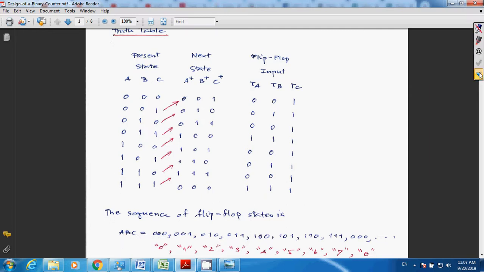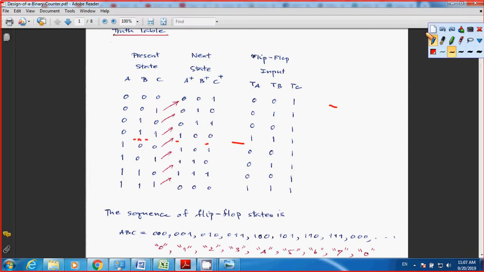And for B is going to be what? 0, 0, 1, 1, 0, 0, 1, 1, and C is 0, 1, 0, 1. So the next state, when you start counting from 000, is going to be 001. After this one, the next state is going to be what? 010. The same thing for this state, the next state is going to be what? 110, right? Because this state will follow 001 the same way. Okay, that's how you get the next state through the table.